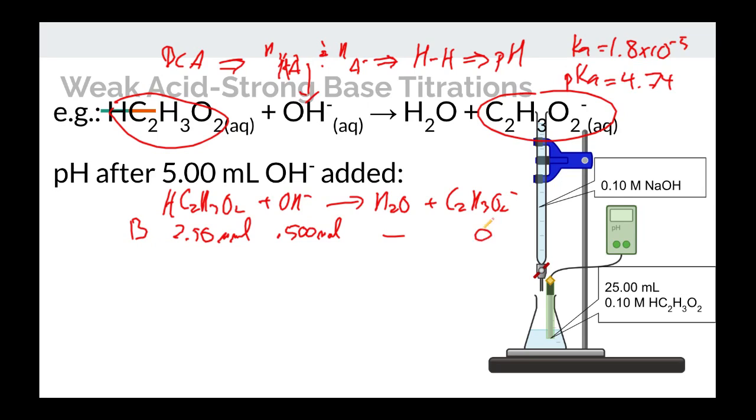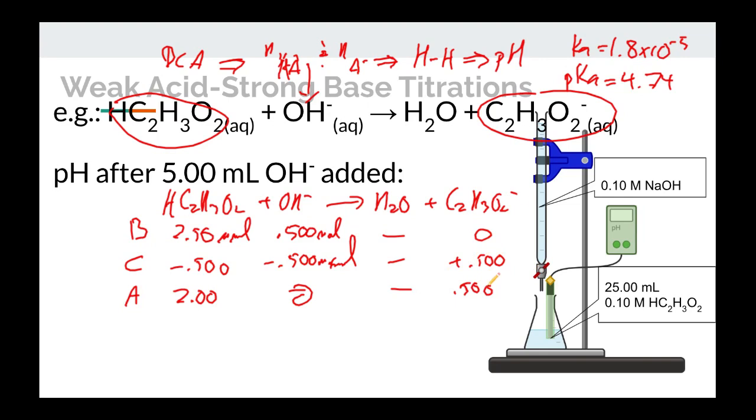There isn't any acetate ion. Change. The limiting reactant is the OH⁻. So we're going to lose 0.5 millimoles, and we're going to lose 0.5 millimoles here as well. We'll gain 0.5 millimoles of acetate ion, so that at the end we have 2.00, no OH⁻, don't care about water, and 0 plus 0.5 is 0.5.